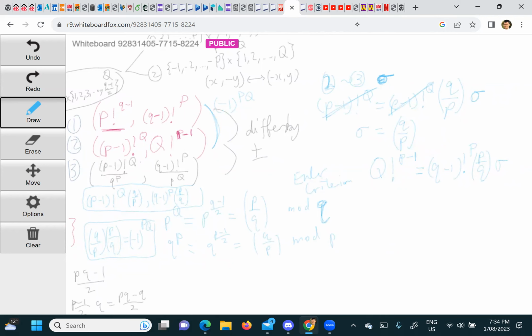But sigma is just q over p. So you get q factorial to the p minus 1 equals little q minus 1 factorial to the capital P times the left-hand side of the law of quadratic reciprocity.